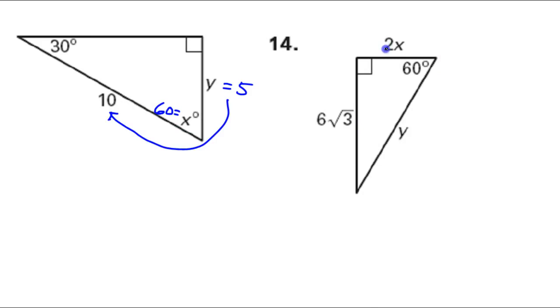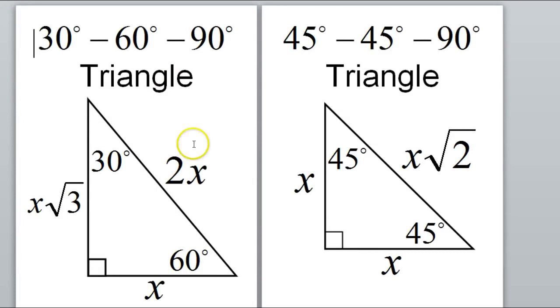Okay, the short leg, we have this expression 2x. Okay, you know what, I might have to do that thing that I do. Okay, I'm going to use the pattern of the 30, 60, 90 triangle, alright? But instead of x's, I'm going to do b's. So this will be b, 2b, and then b radical 3.